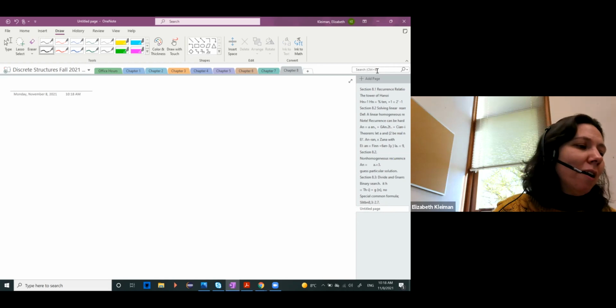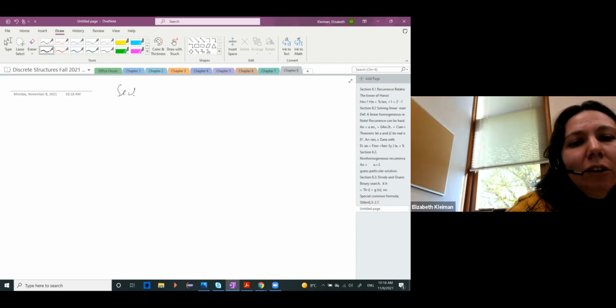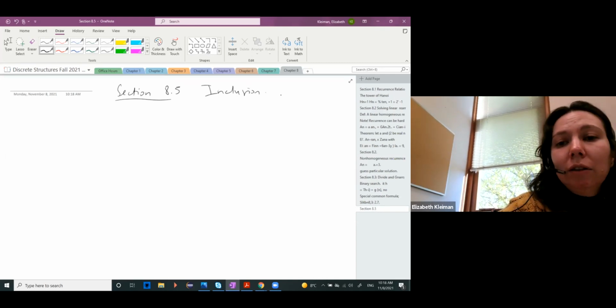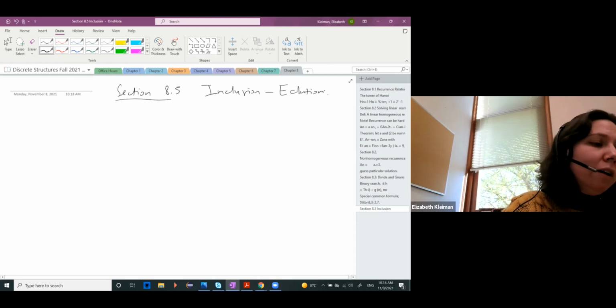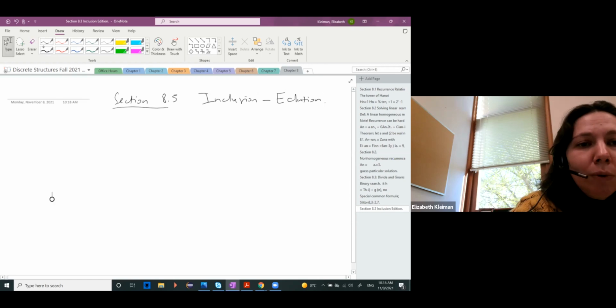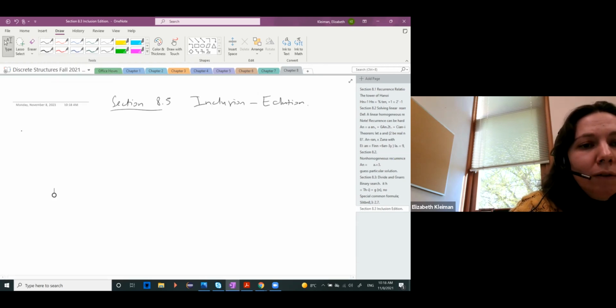Okay, now we are into section 8.5. We are not going to cover endpoint, and it talks about inclusion, exclusion. So recall a problem which you are all supposed to know how to solve.